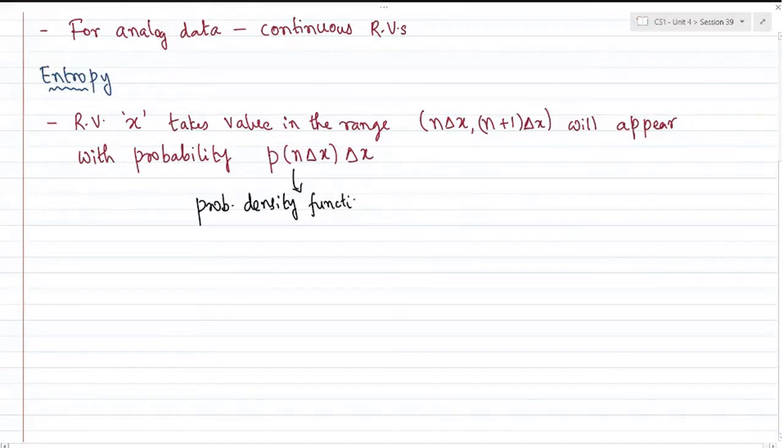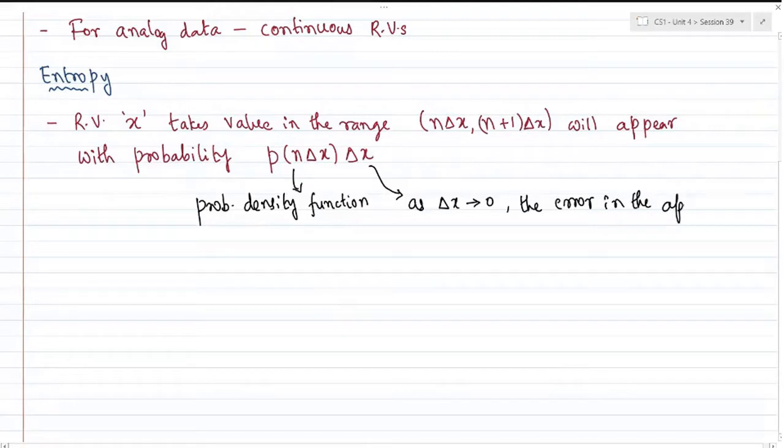Check that this is defined with a small p, unlike the probability with capital P. And of course, as this step size delta x tends to 0, the error in the approximation will vanish.